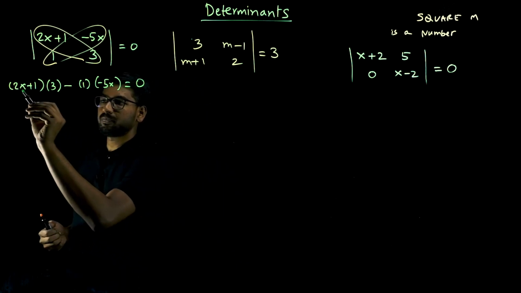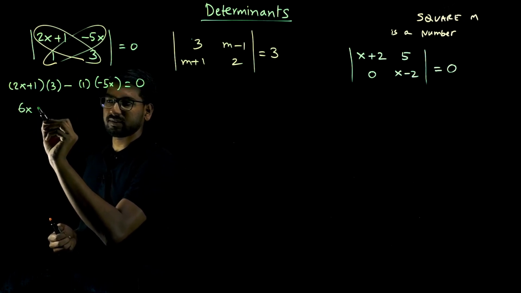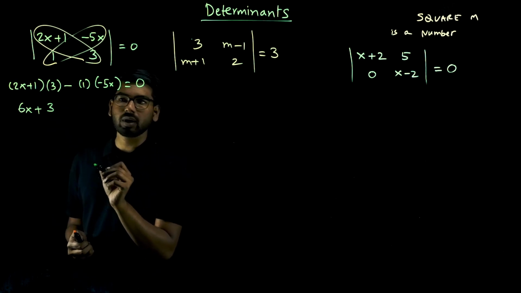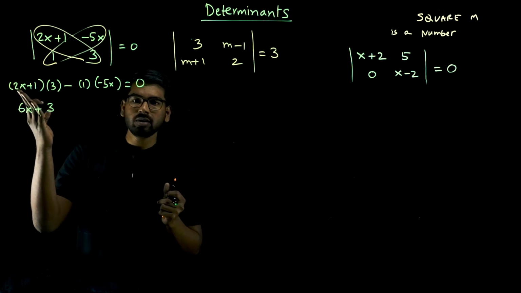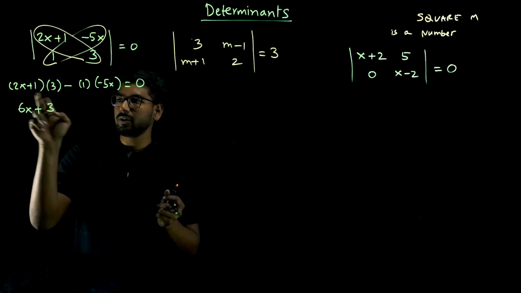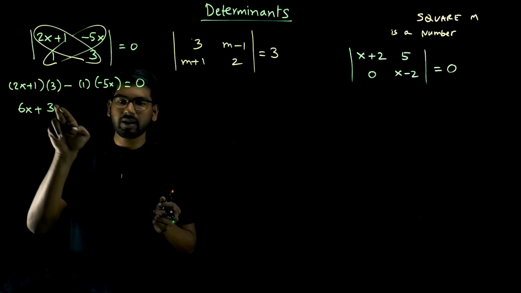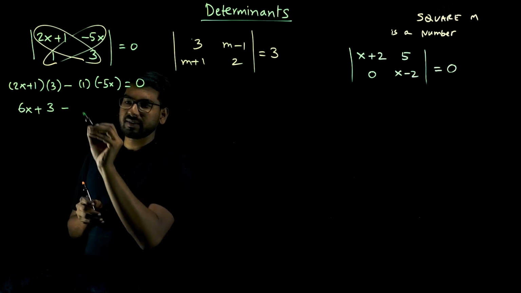How do we multiply 2x plus 1 into 3? Number into polynomial. So 3 into 2x is 6x, plus 3 into 1 is 3, minus 1 into minus 5x.